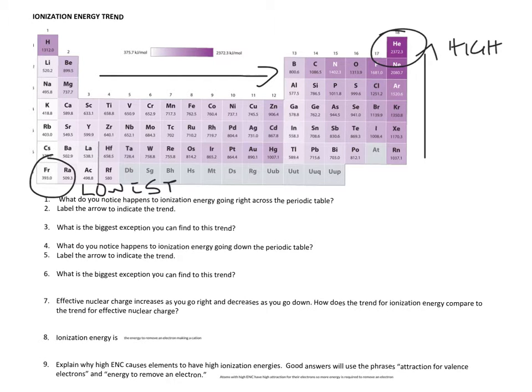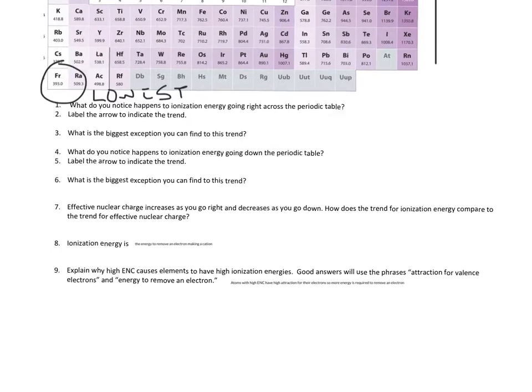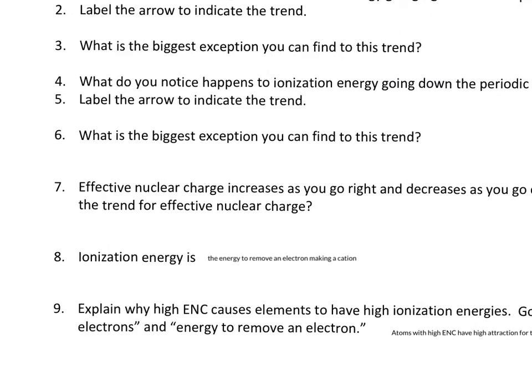And I'll define ionization energy for you right now, and we'll link it to why when effective nuclear charge is high, ionization energy is also high. So ionization energy is the energy to remove an electron, making a cation. So this is how difficult it is to come in and pull an electron away from an atom, making it positively charged.